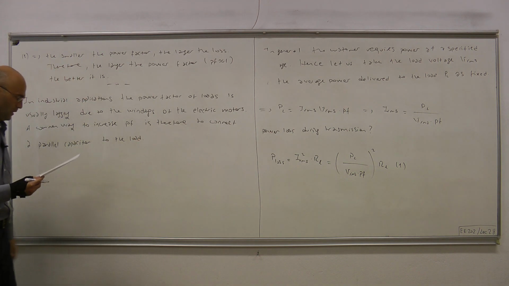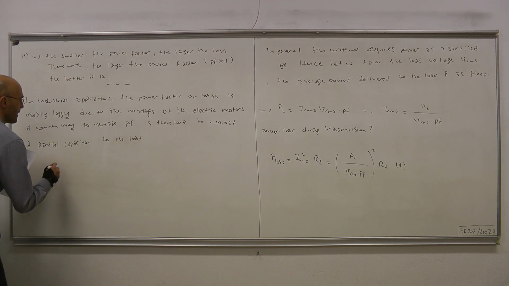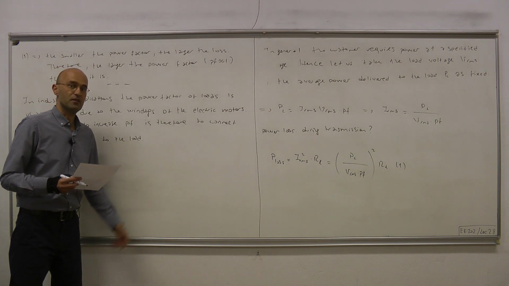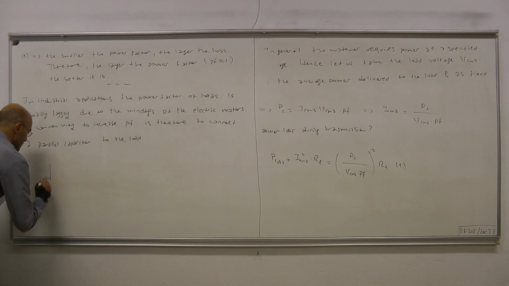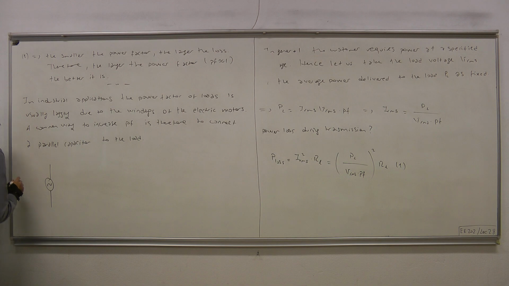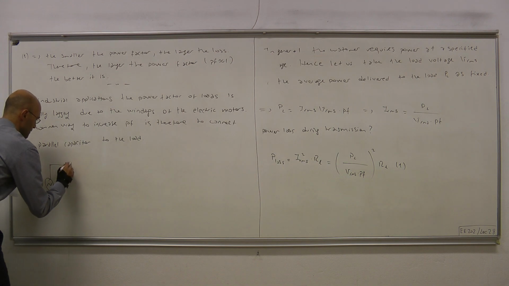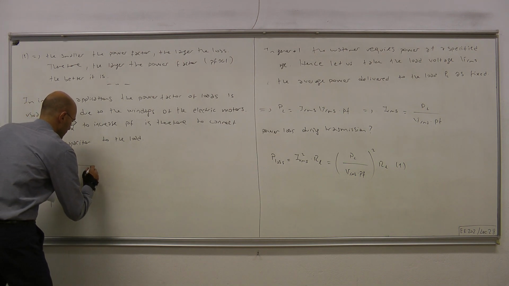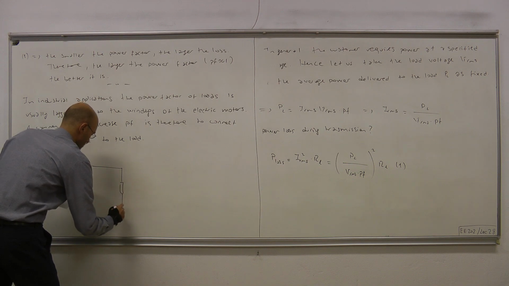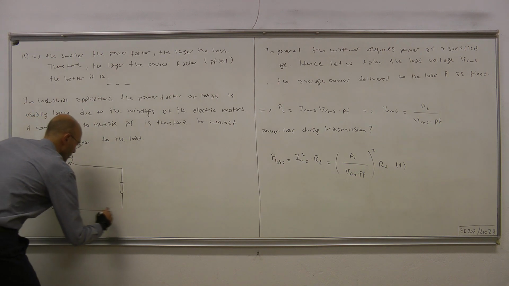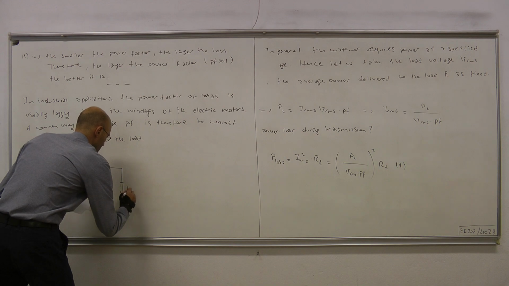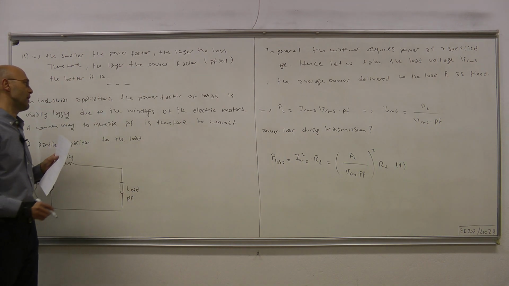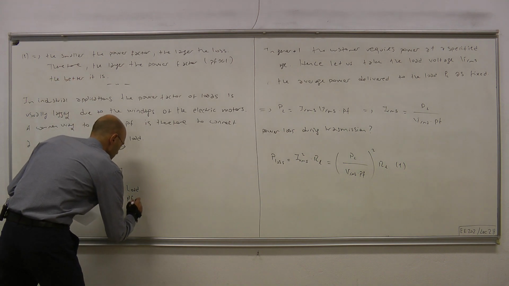Okay, so here is the situation after power correction. Still we have here the generator. This is the transmission line RL, and here we have the load with power factor lagging due to the windings of the motors, let's say.